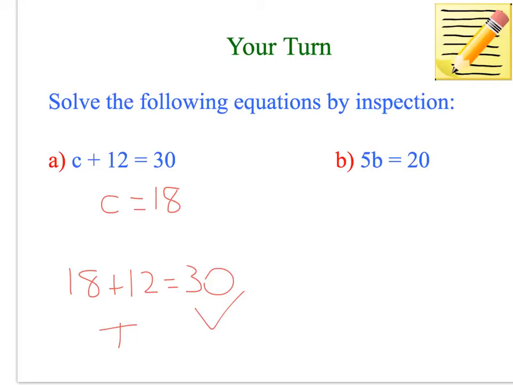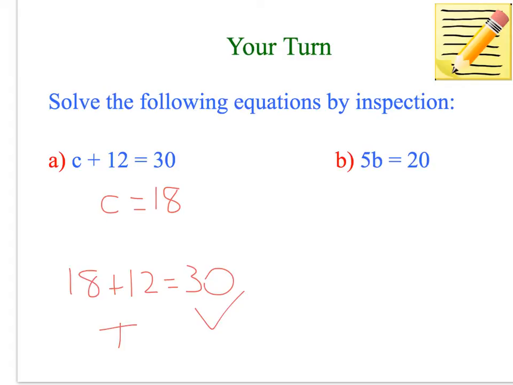Okay, the next one. I hoped you paused the video to do these and not waiting for me to tell you the answer. 5 times something. Remember when you've got a number next to a variable, the coefficient next to the variable, that means multiplication. So what multiplied by 5 equals 20? Again, knowing our multiplication tables comes in handy.